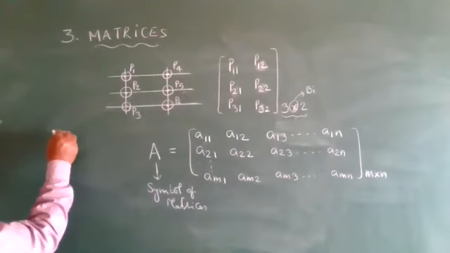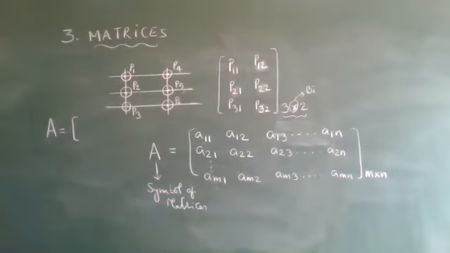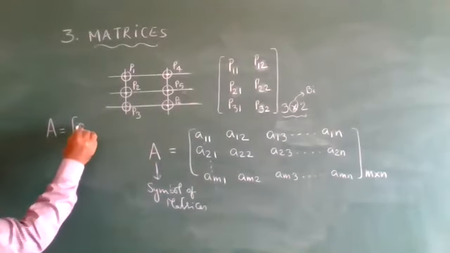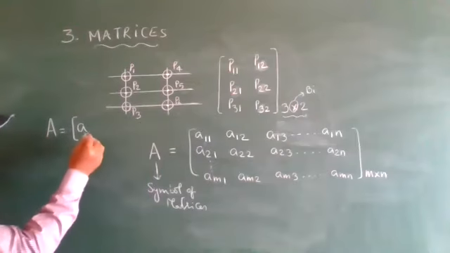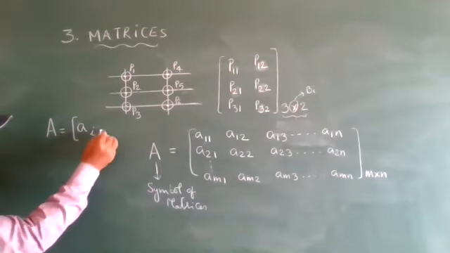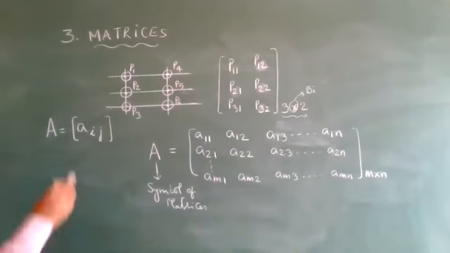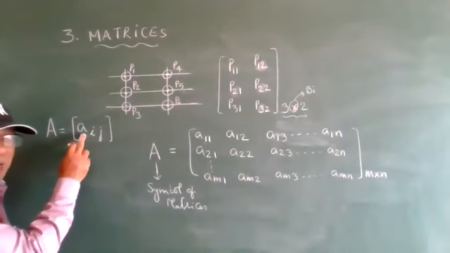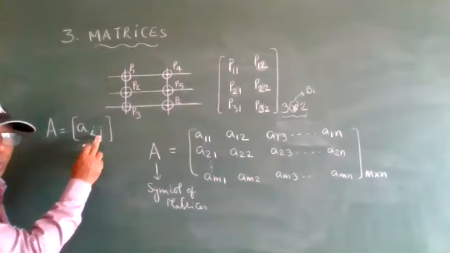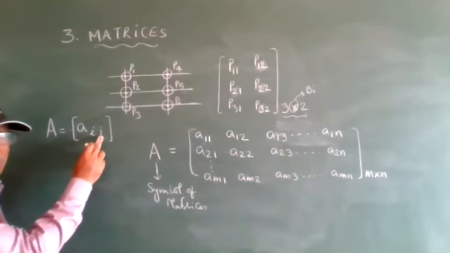So capital A is the symbol of the matrices. Elements are represented by small a. How many horizontal lines? i. How many vertical lines? j. So Aij means the element is in the ith row, jth column.